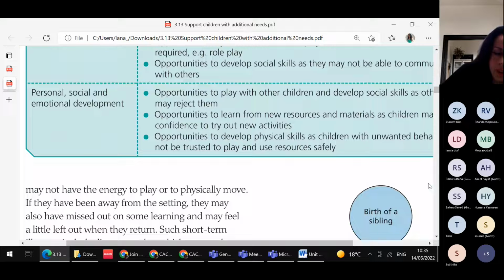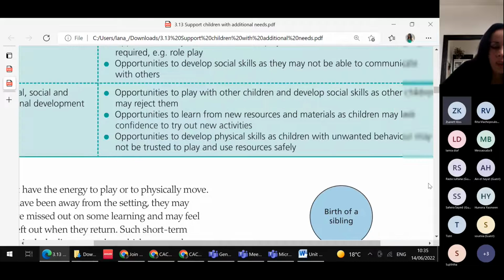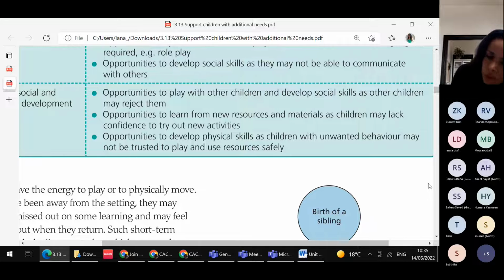Also, their personal, social and emotional development. How will this area be affected if the child has got any special needs? They would have fewer opportunities to play with other children and develop their social skills, maybe rejected by others.